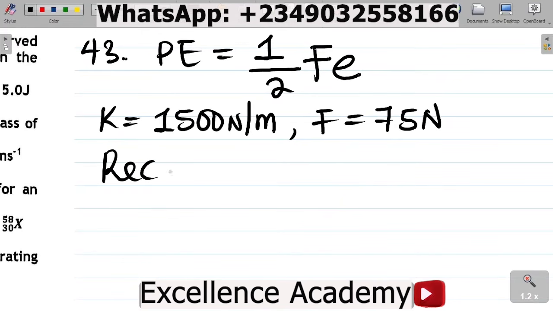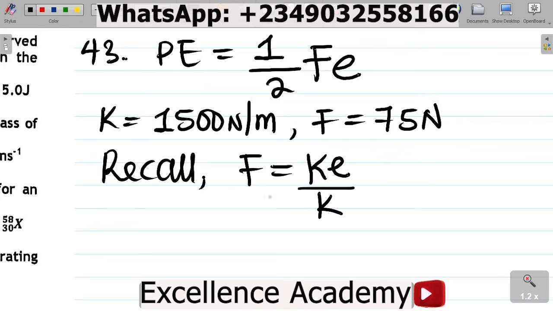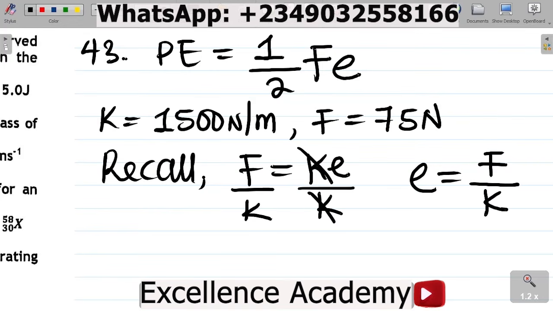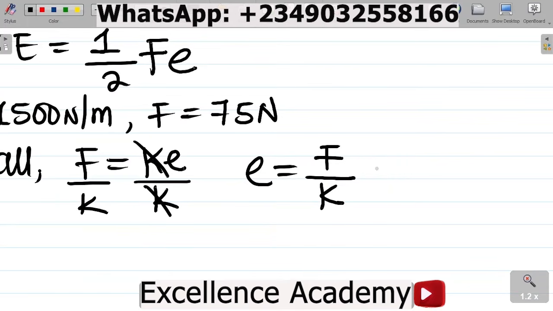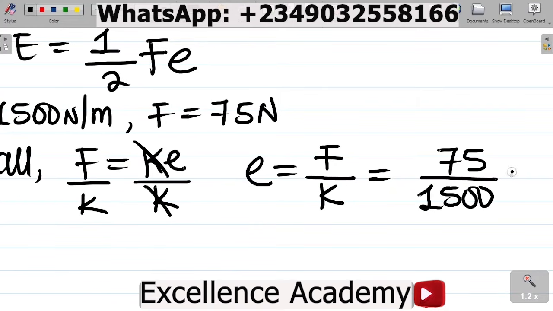We recall that from Hooke's law, F is equal to KE. To get the value of E, extension, divide here by K, divide here by K, this cancels this. So the extension E is equal to F all over K. Let's impute values. This is equal to F is 75 all over K is 1500.